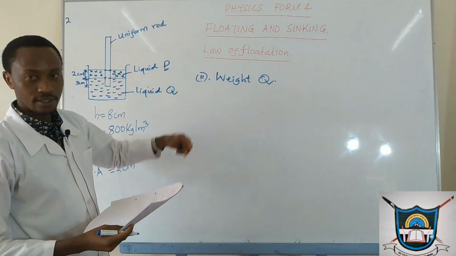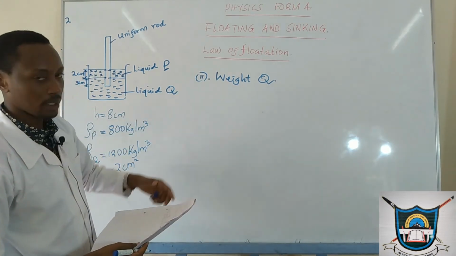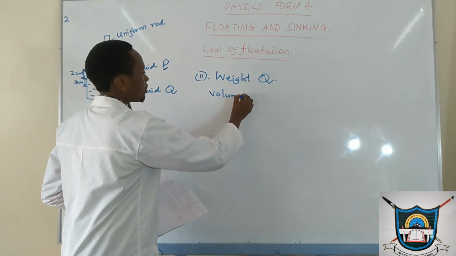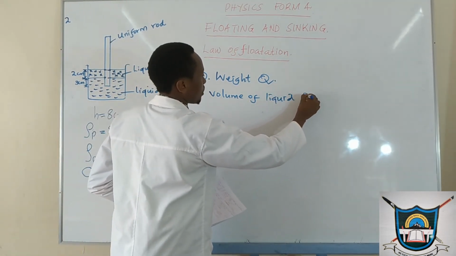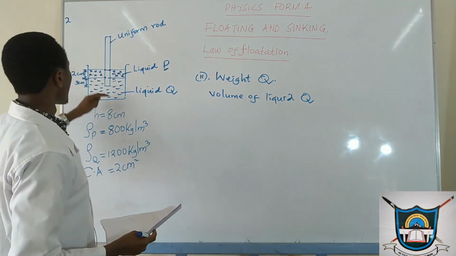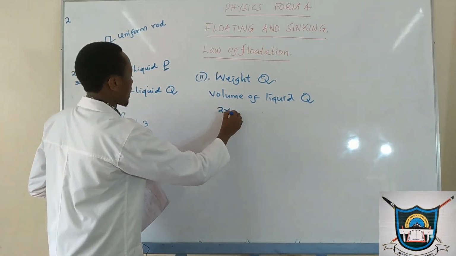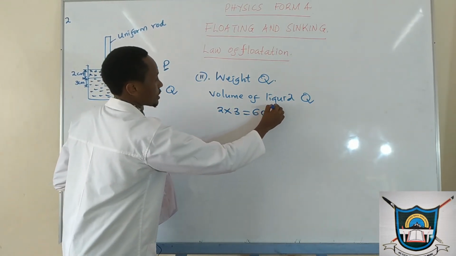We just calculate using the same steps which we have done in Roman 1. So the volume of liquid Q will be given by the volume of the rod on that part, which is 2 times 3, which is 6 cubic centimeters.